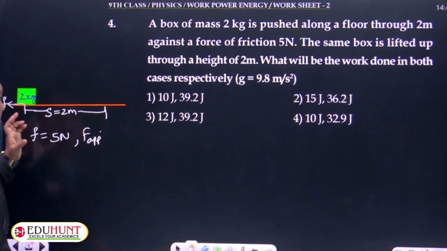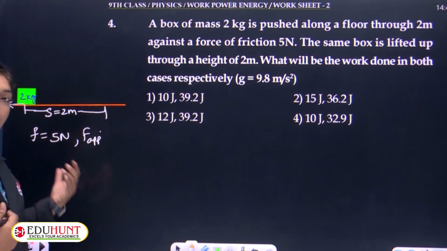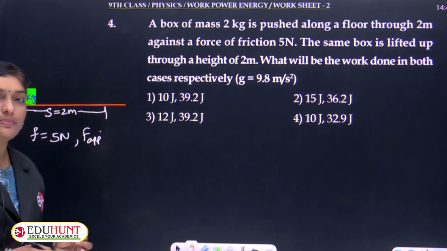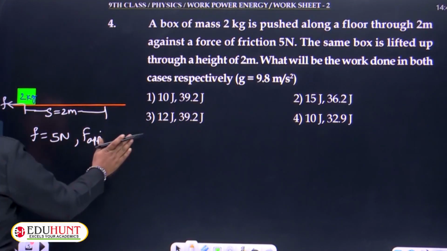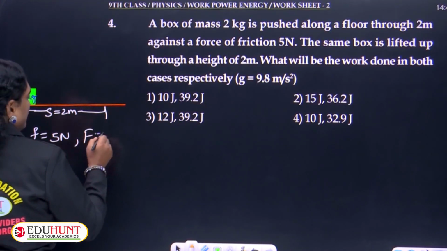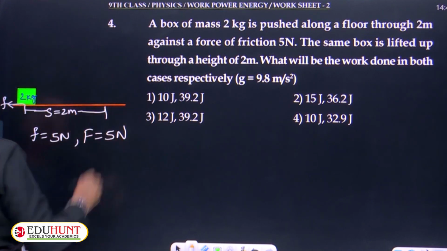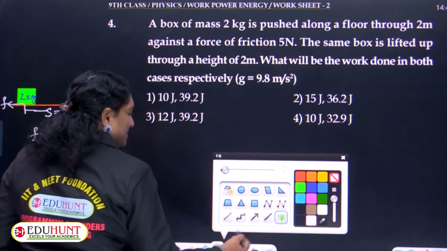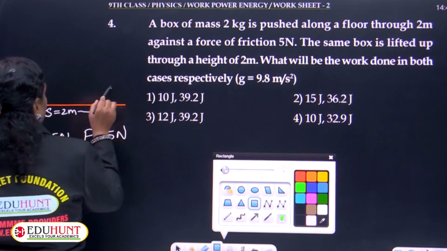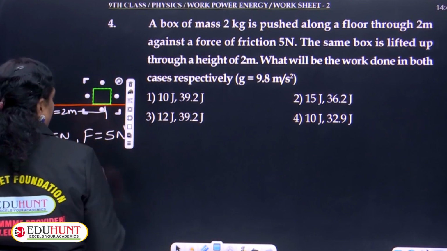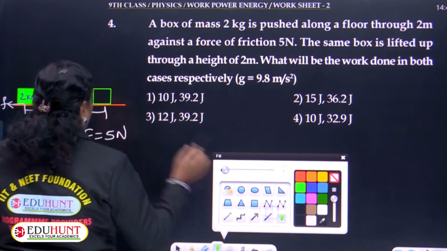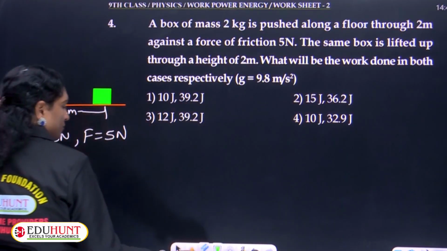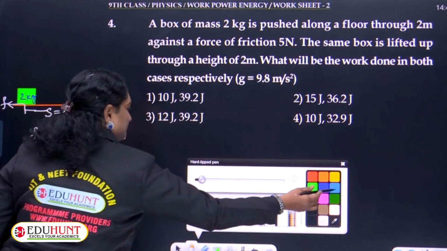So if the frictional force is 5 Newton, the applied force must at least be equal to 5 Newtons. So the applied force will also be 5 Newton, in the opposite direction. Now the block is moved to a new position after covering a distance of 2 meters.